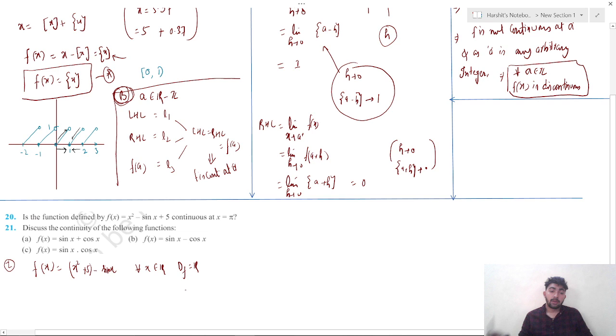Now you can observe that x square plus 5 is a polynomial, and sin x is a trigonometric function, as you already know.